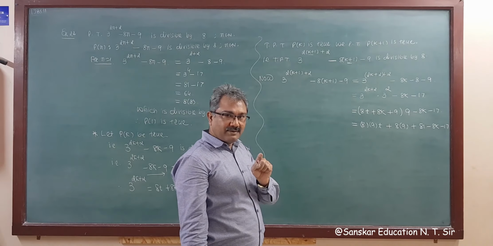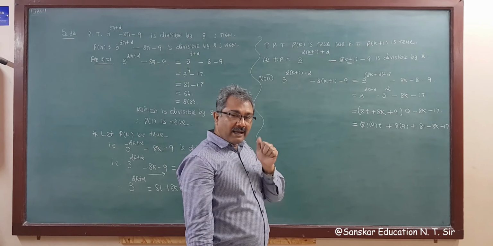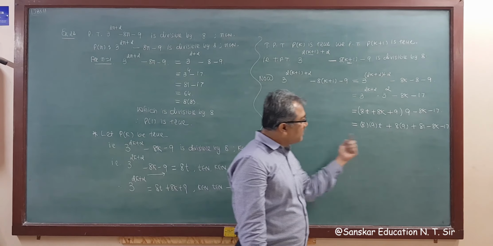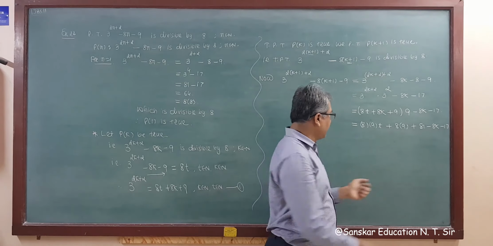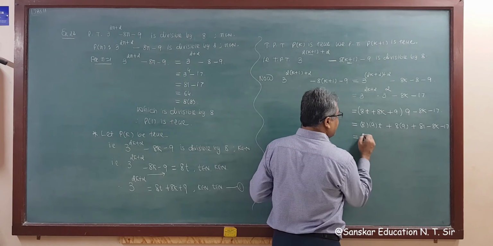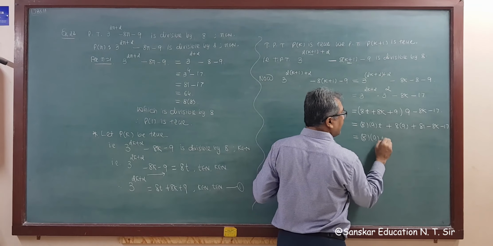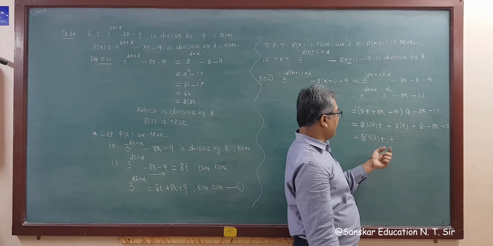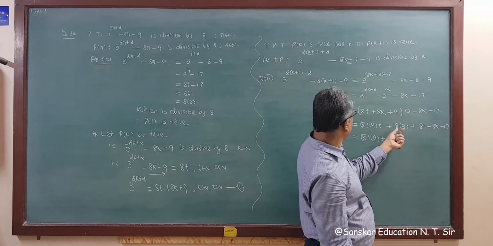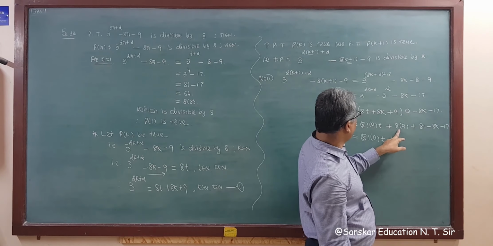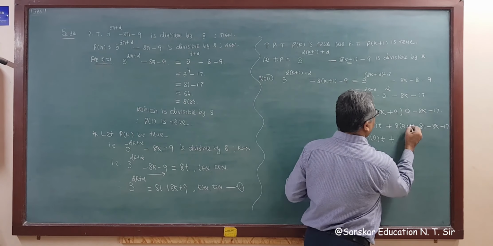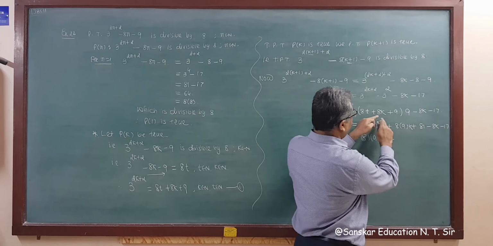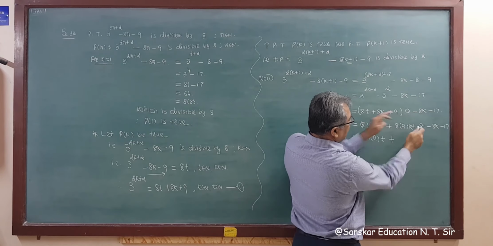Our target is to take 8 common from this, right? So this is 8 into 9 into t plus 8 into 9 into k, k is remaining here, plus 81.